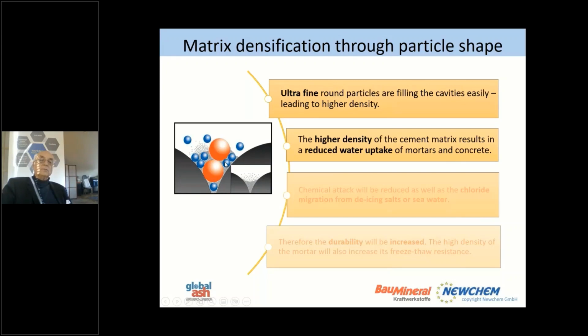If you have the right proportion, you can fill these voids in your binder in a quite cheap and good way. The higher density will give you a reduced water uptake and will also help you to reduce your water binder ratio.